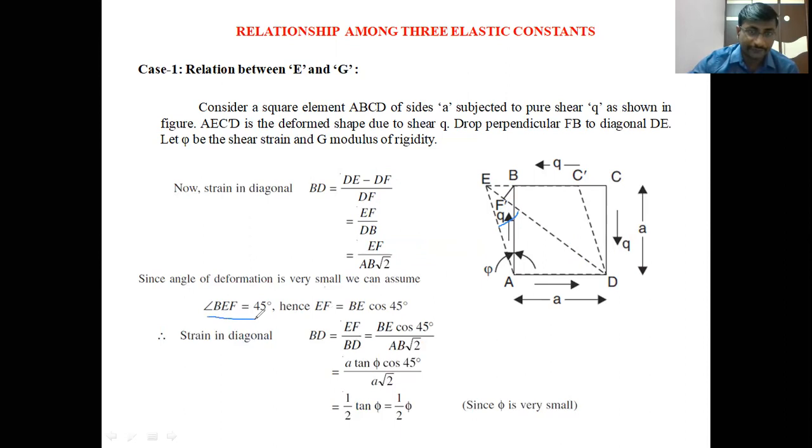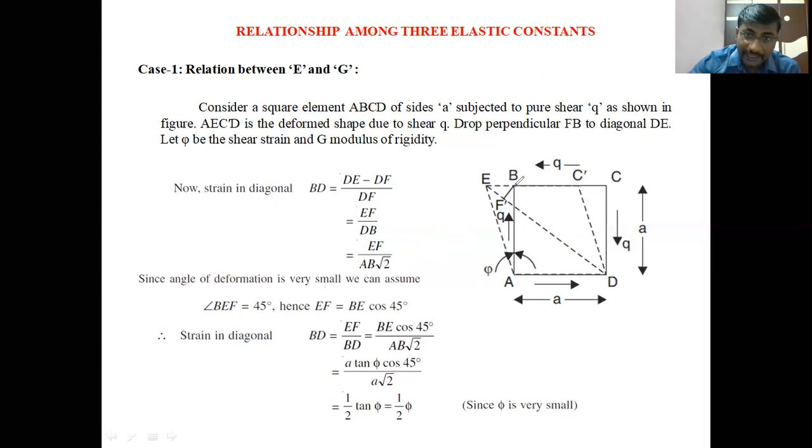Therefore, BEF is 45. Angle BEF, where is B? E, F or BED. You can write it as BEF or BED, 45 degrees. Hence, EF, that is the change in length, is equal to how much can we write?